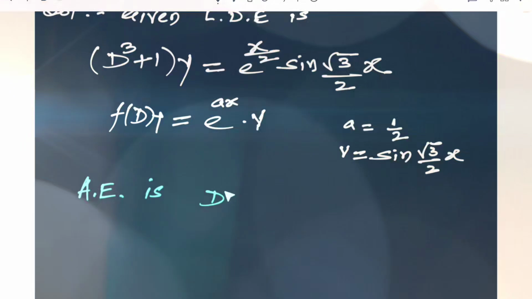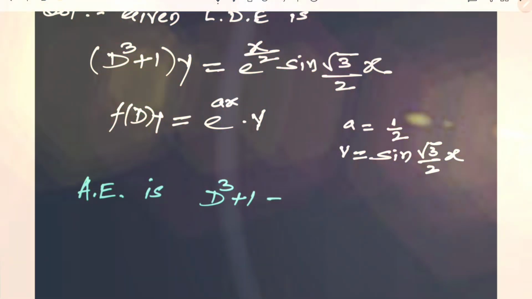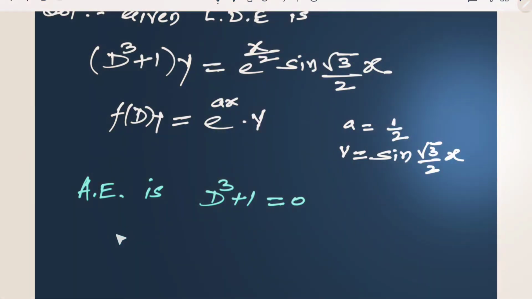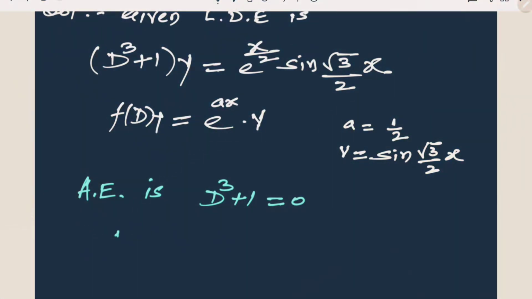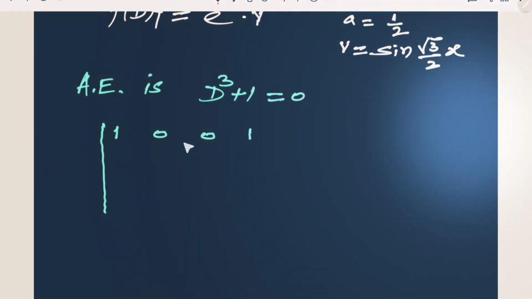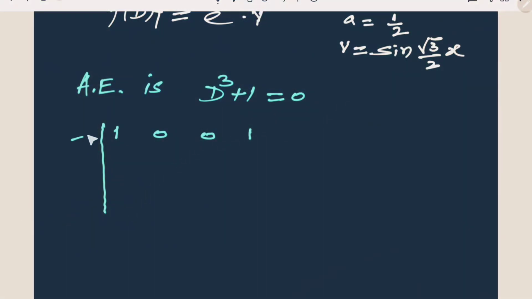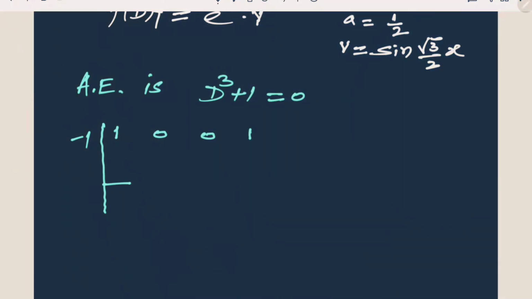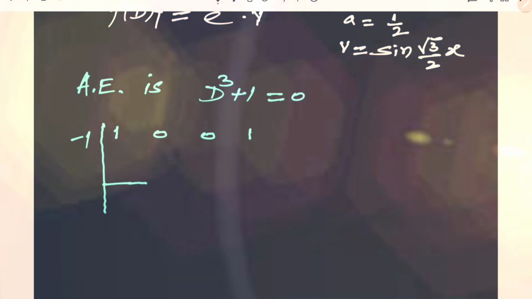Therefore, the auxiliary equation is D cube plus 1 equals 0. A cubic equation, we have to obtain 3 roots. By the synthetic division technique, writing the coefficients in decreasing order 1, 0, 0 and 1, then checking for minus 1, we take the first element as it is. Why minus 1?